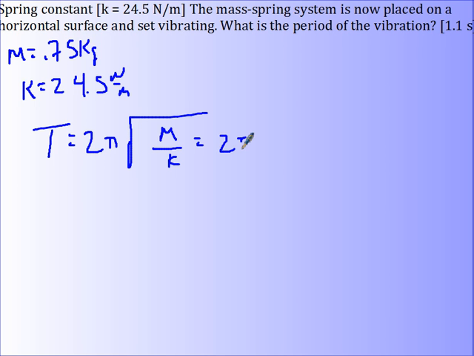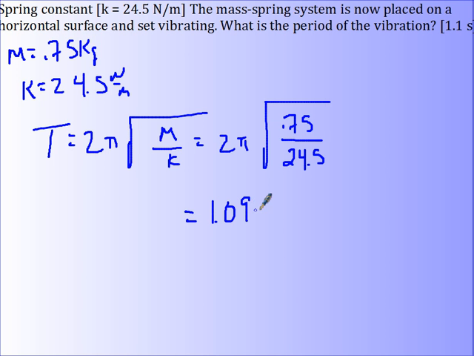So it's 2 pi square root of 0.75 divided by 24.5. Make sure you do this first. You get a period of 1.09877 seconds. Can we just call that 1.1 seconds?